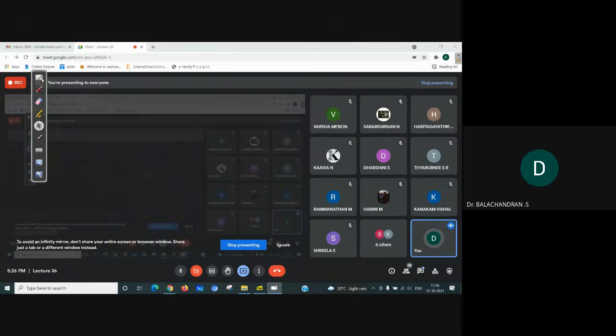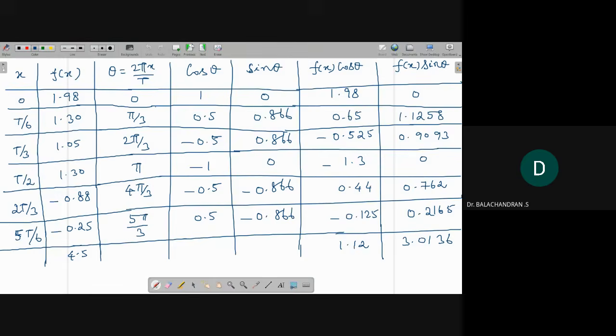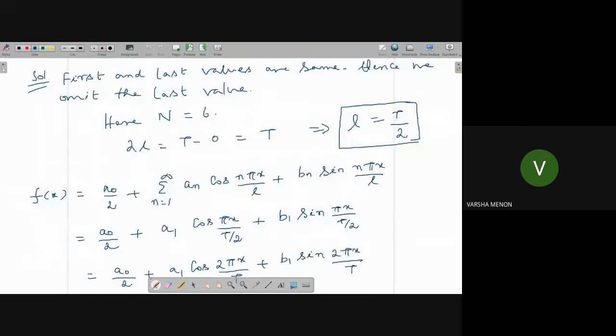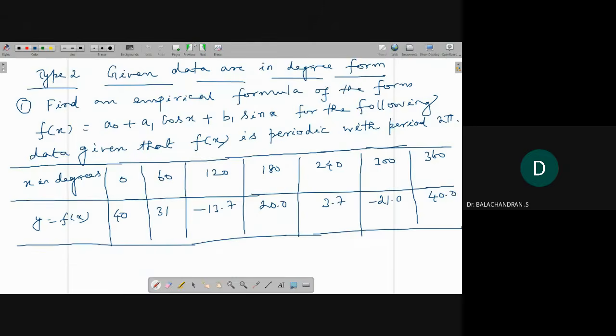So I will give you a practice problem and then I will finish the class. Yes, please. In the first problem, instead of 20, 10 is supposed to come, like A naught by 2. The first problem, Asha? Yes, sir.